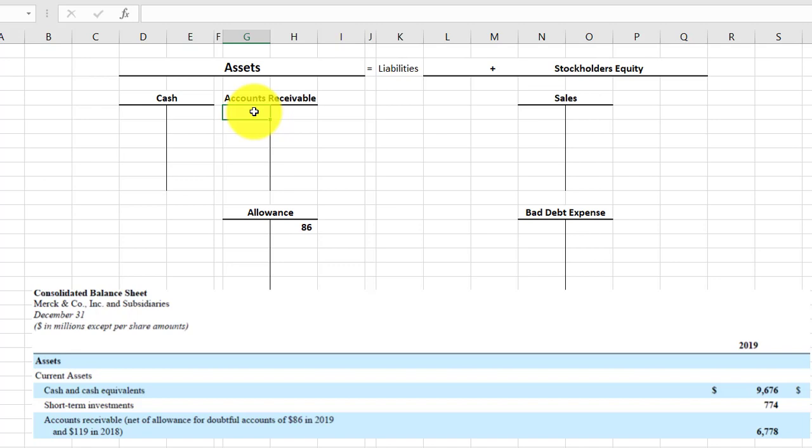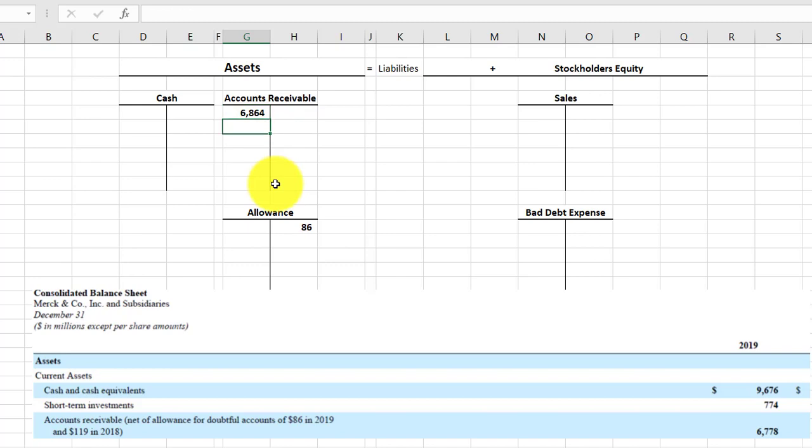Our accounts receivable is the total amount people owe us. This is what they're actually going to pay us, so this already has the allowance subtracted out. So we need to add it back. We're going to take the 6,778 and add the 86. So the total amount they owe us is 6,864 at the end of 2019.